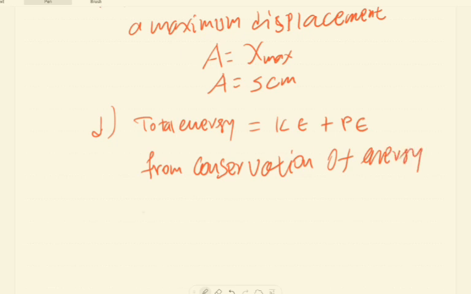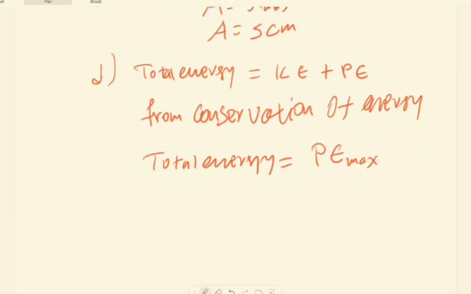total energy is simply equal to the maximum potential energy. When do we have the maximum potential? It is when our particle is at maximum displacement from the equilibrium point. So at that maximum displacement, x max, you would get a maximum potential energy.